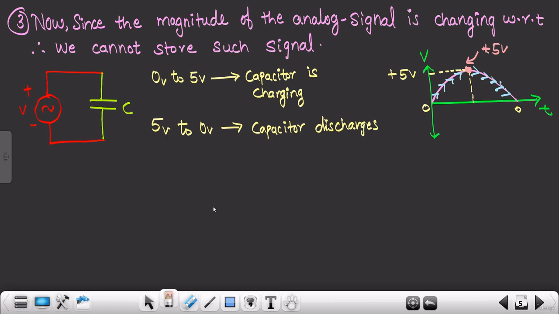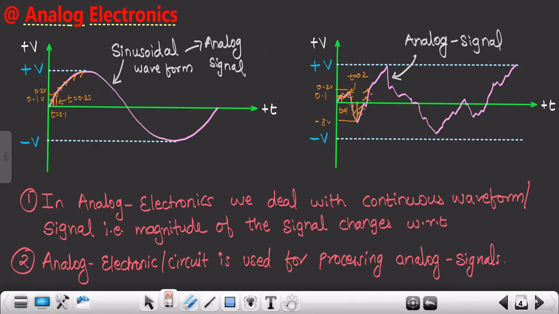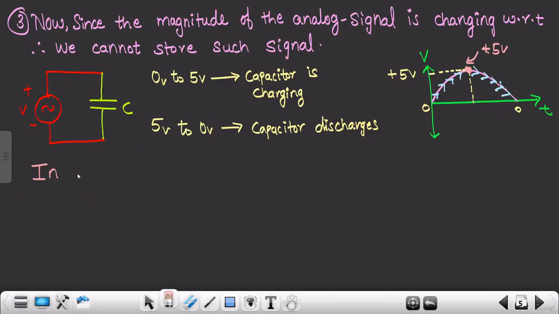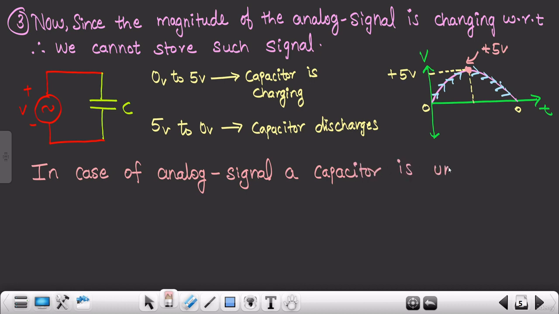This is just a sinusoidal signal, but since we are dealing with analog signals, we can write that in case of an analog signal, a capacitor is unable, or fails, to hold or store a charge.